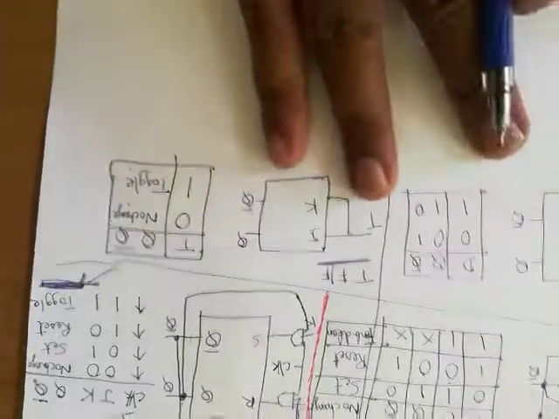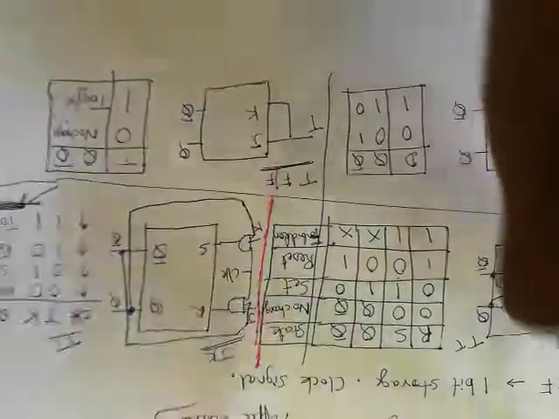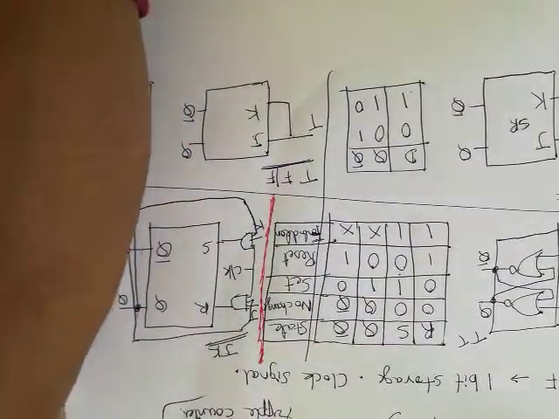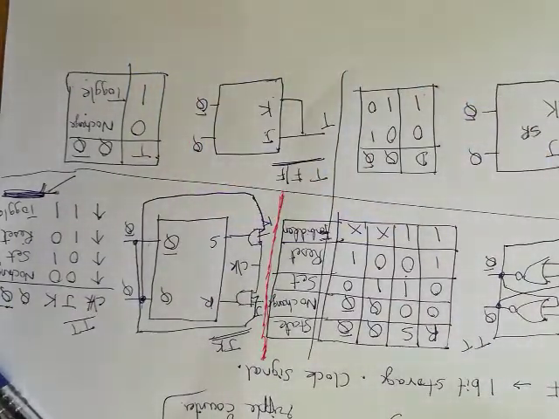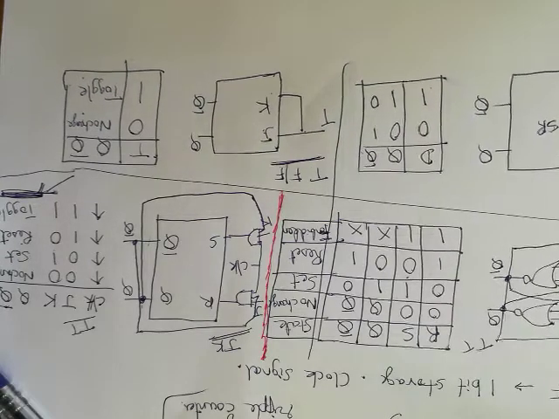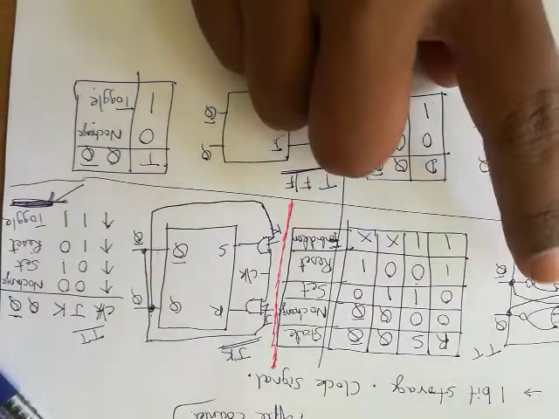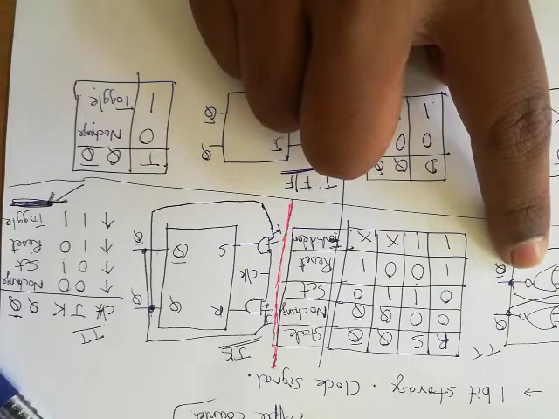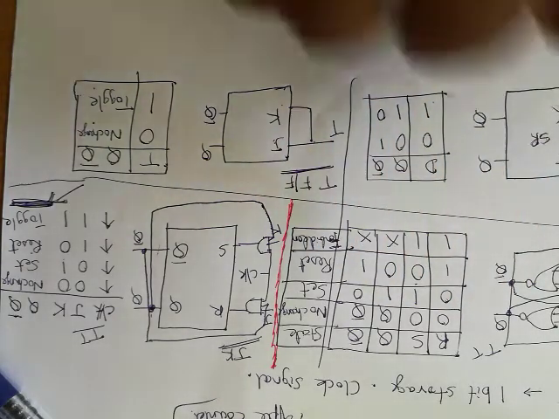Okay, so we'll discuss in a thorough manner, because we have all our flip-flops. These flip-flops are going to be our basics for designing sequential circuits. In sequential circuits, we'll have memory, 1-bit storage devices. Flip-flops are our basic building blocks.